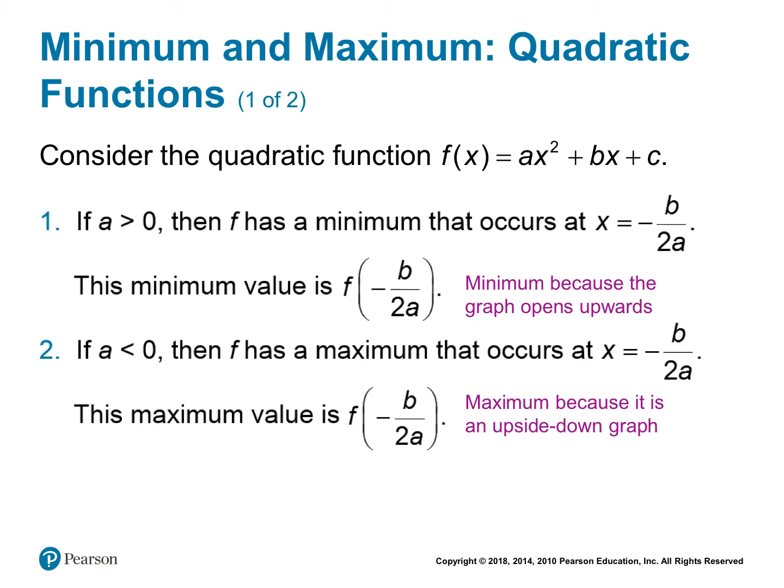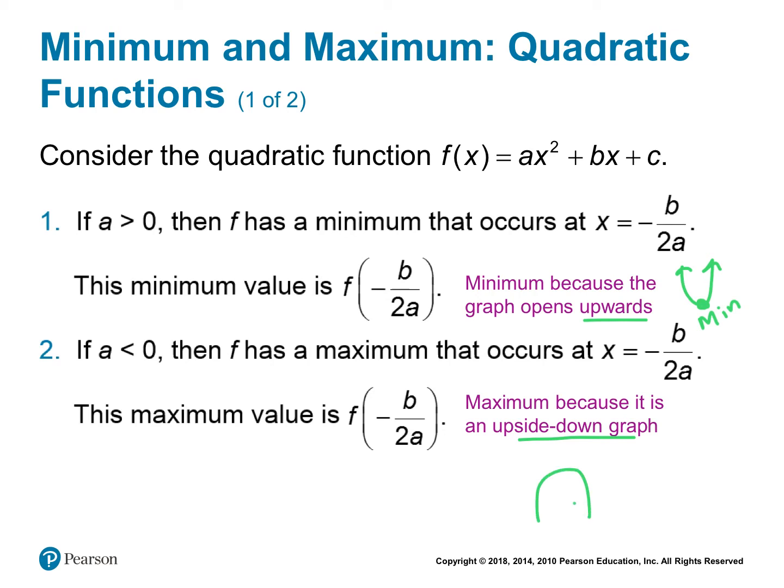So we've already mentioned this a little bit, but if the a is greater than 0, then you're going to end up with a minimum value because the graph is going to open upward. So this right here is a minimum, the lowest point of the parabola. If a is less than 0, the f is a maximum because it's an upside down graph.